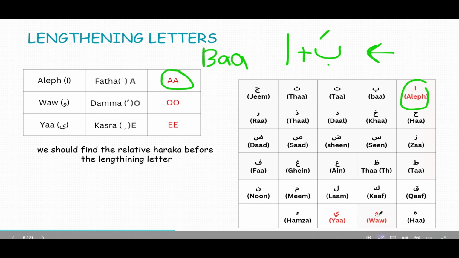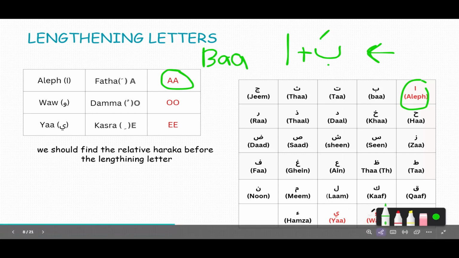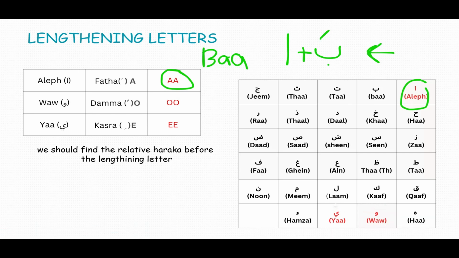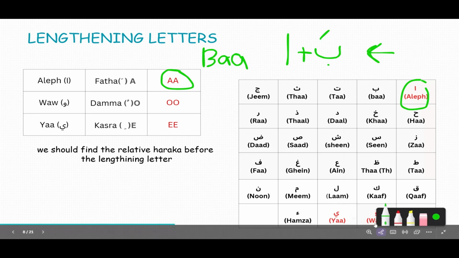And sukun for sure, it's ew. Same for ya: it accepts the harakat like a normal letter, ya, yu, yi, fatha, dhamma, and kasra in series, and it accepts also the sukun. This is the first case of waw and ya, like a normal letter.